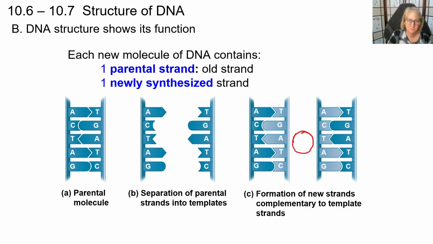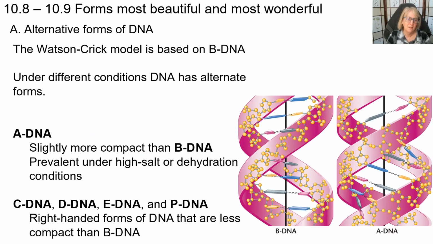So there are alternate versions of this. DNA modeling and our structure is based on the Watson-Crick model, which was based on B-DNA. That's what Franklin took a picture of, and that's probably what you imagine.